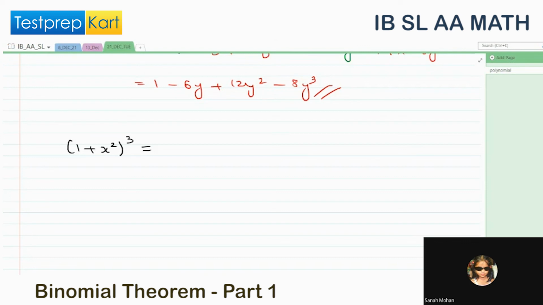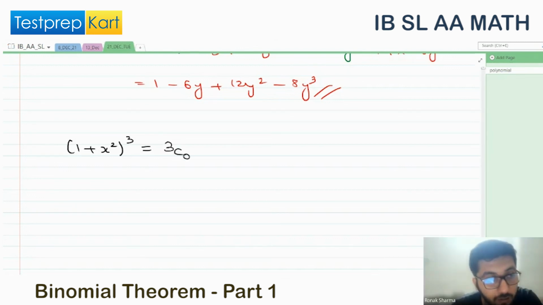Because it's x squared, would I put it like x squared instead? Yes, yes. Like 3c0 x square power 0. Okay. 3c1 x square power 1.